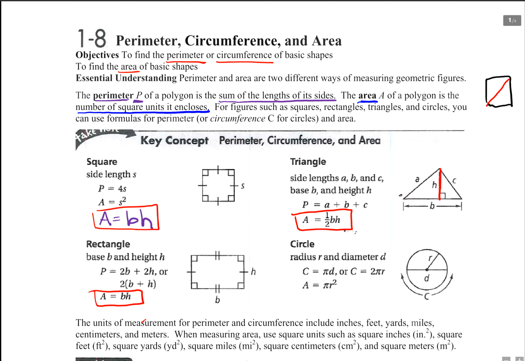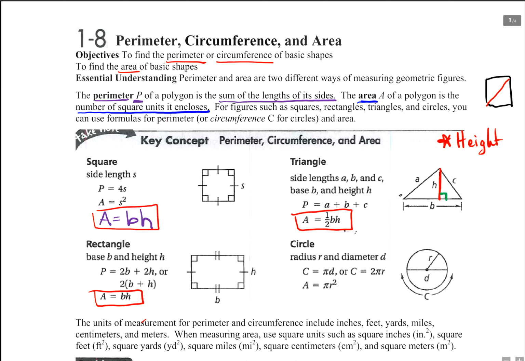Now, if you notice here, height is right there, and you see that right angle. This is something we are going to use forever and always.